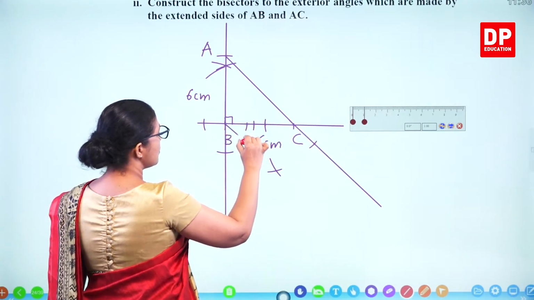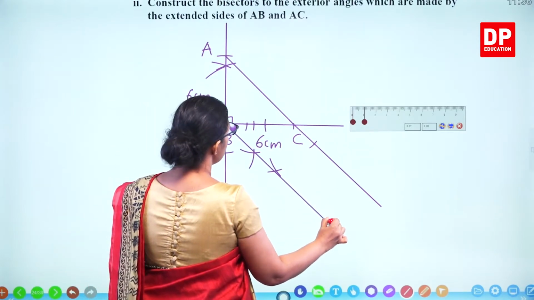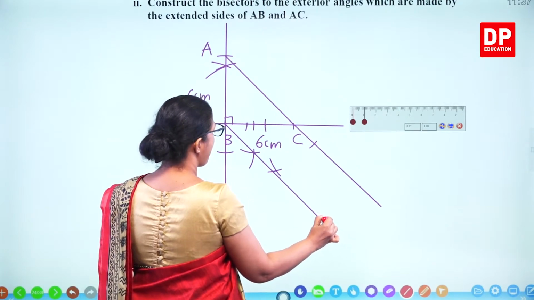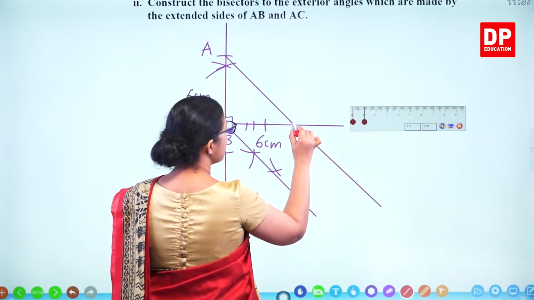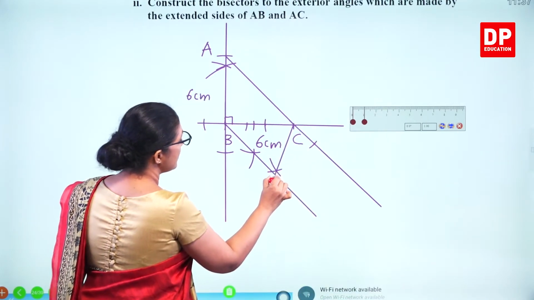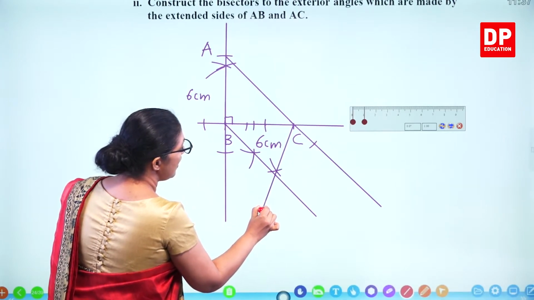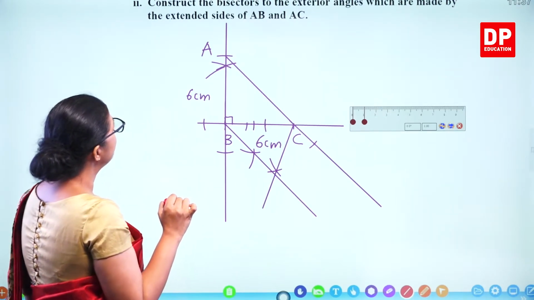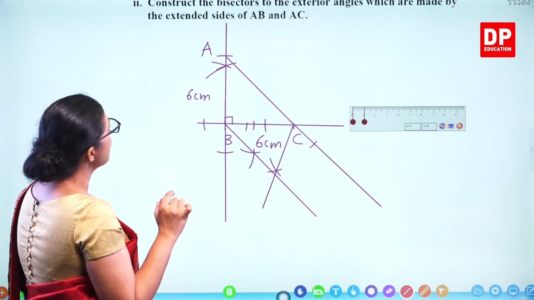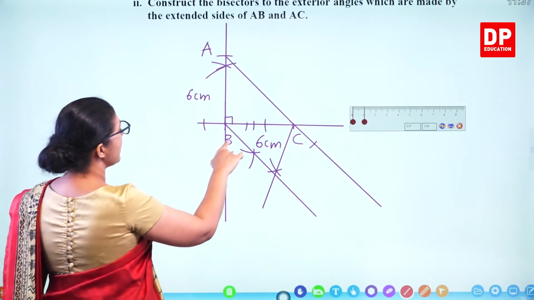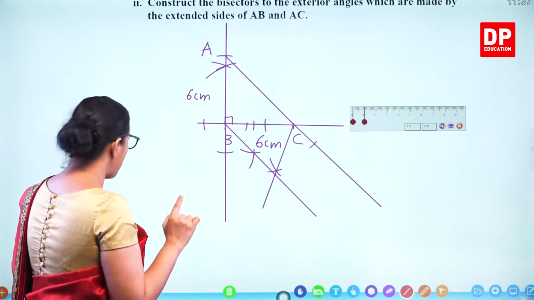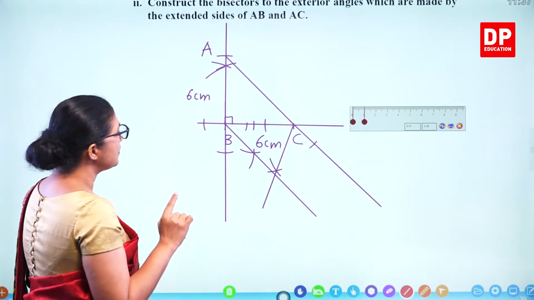This is the first bisector, angle B. And here this point, and this is the angle bisector C. So these are the two bisectors for angle B and angle C. So that's the other part. So we'll give marks for that.